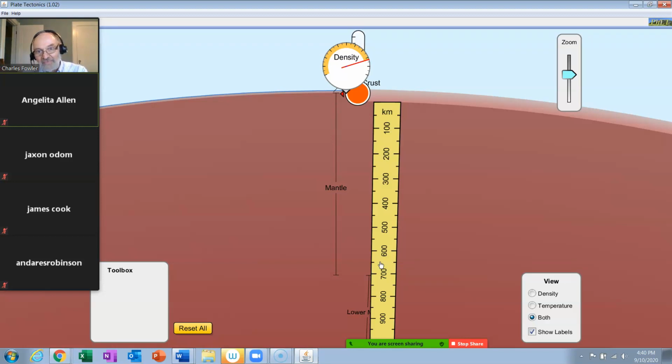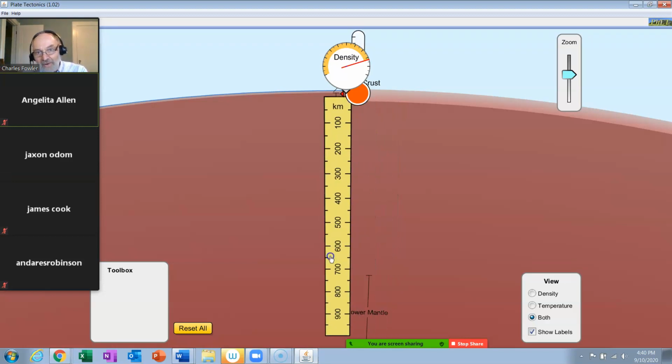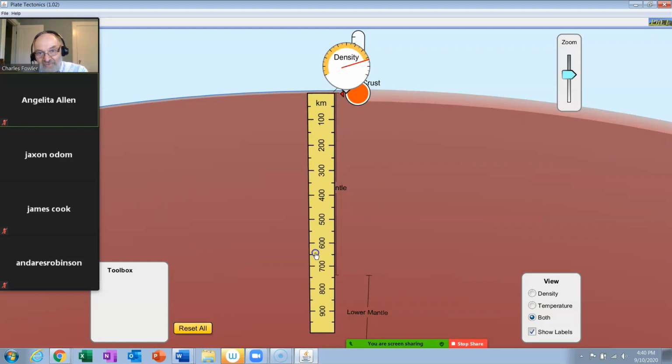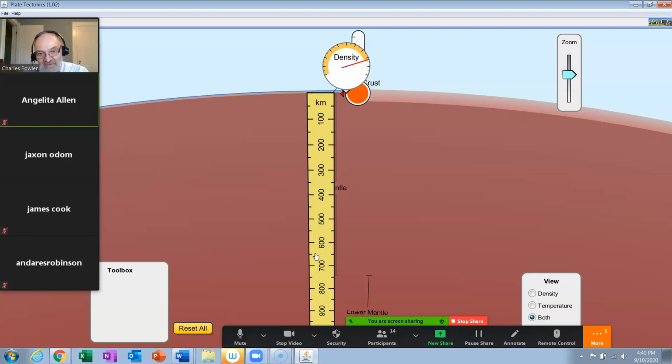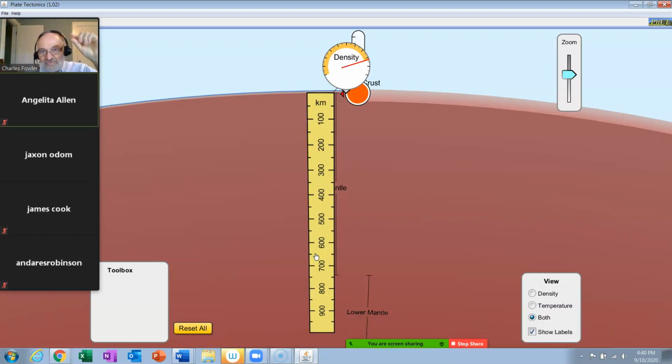Now, if we went over here to the bottom part of the oceanic crust, it's closer to 750. So it's between 700 and 750. Because remember, the oceanic crust is really, really thin. So it's something between 700 and 750 kilometers. Okay. And you can put the range there. You can just use the continental crust or whatever.